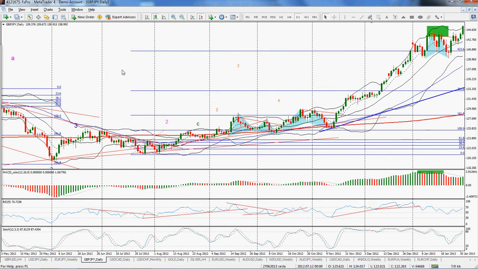This is pound Japanese yen. As you can see, the MACD indicator was in the negative area, below the zero line, and the market started going up from the Bollinger lower band up to the Bollinger upper band. At the same time the MACD indicator started breaking through this zero line.